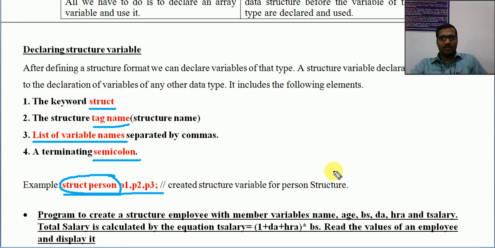Whenever we want to create a set of students' information, you have to create the structure first, then create the variables next, then based on these two you have to read the values and print the values.